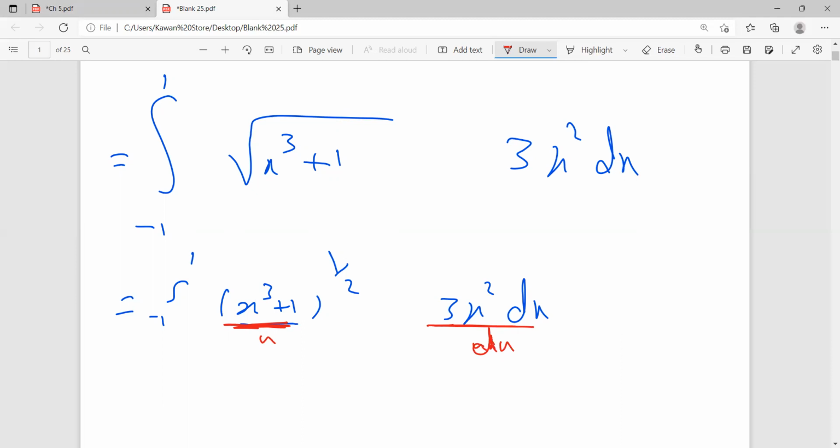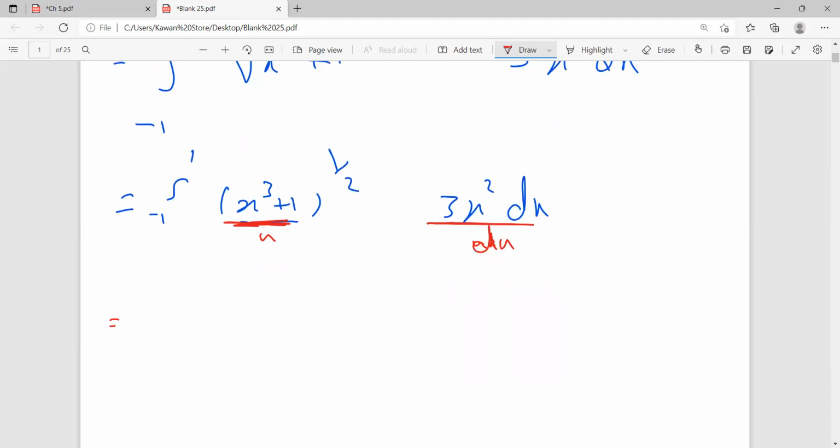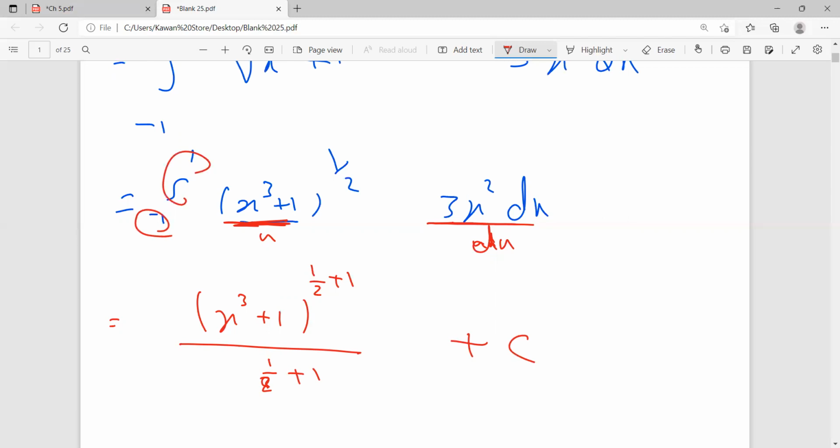We can solve. How? I'm going to say that is equal to x cubed plus 1 to the 1/2 plus 1, divided by 1/2 plus 1. But instead of saying C, I'm going to substitute this boundary. So I'm going to write it down like that: from -1 to 1.